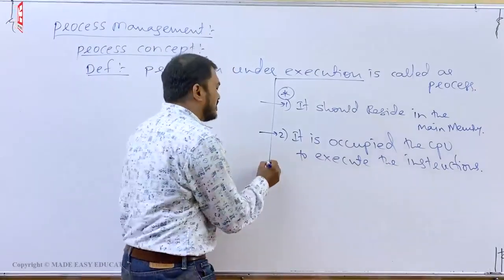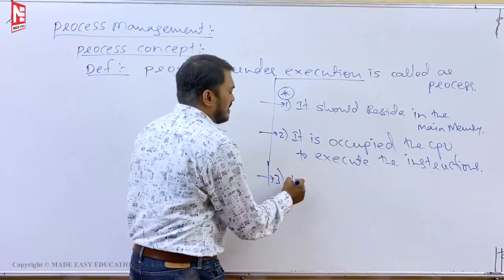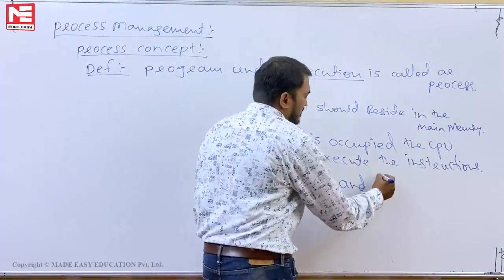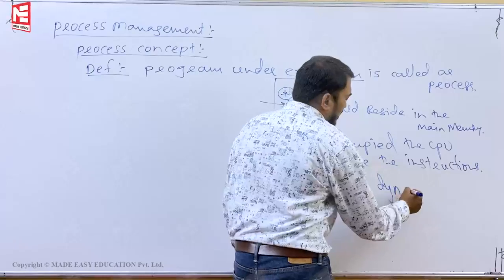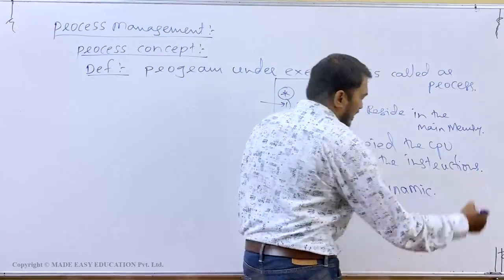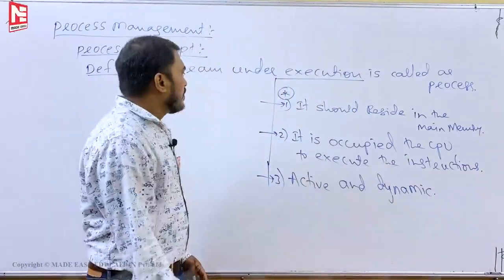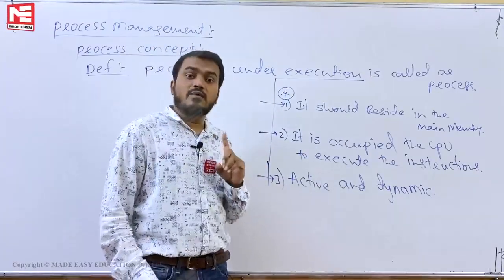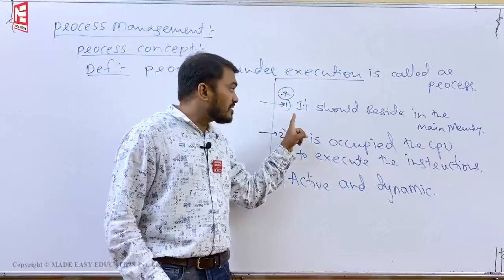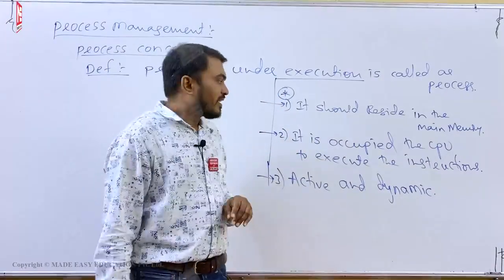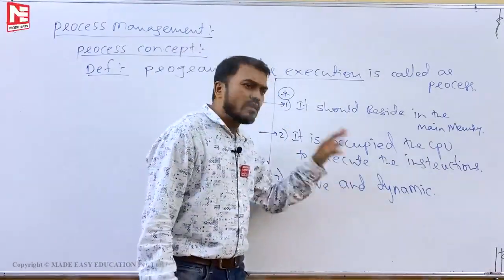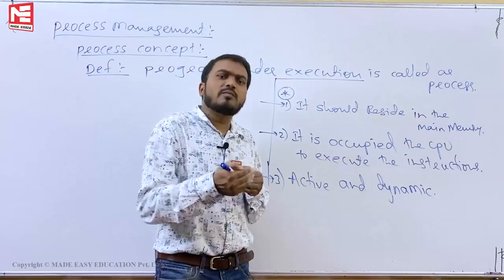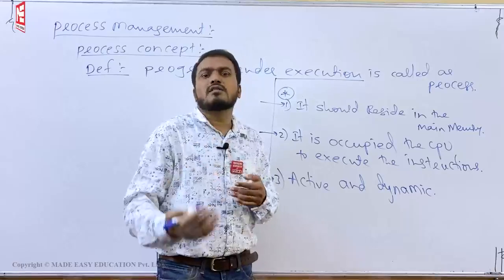And the third one, we simply call it, is that a process is active and dynamic. Understand here: a program under execution is called a process. Execution means the first important criterion is that it should reside in the main memory. The second is that it occupies the CPU to execute the instructions. That means it is currently executing on the CPU.